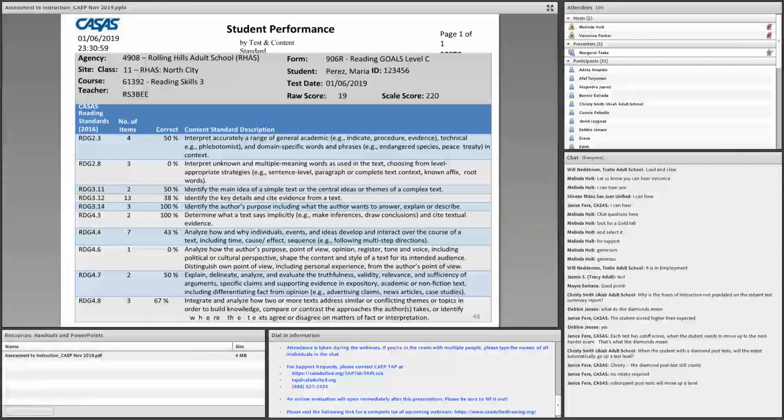But she does very, very well on 3.14 and 4.3, identifying the author's purpose and determining what a text says implicitly, making inferences and drawing conclusions, which is interesting.